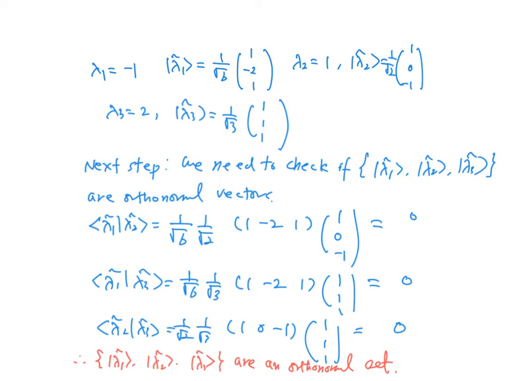Lambda 1 is minus 1, so the normalized eigenvector is 1 over square root of 6 times (1, minus 2, 1).